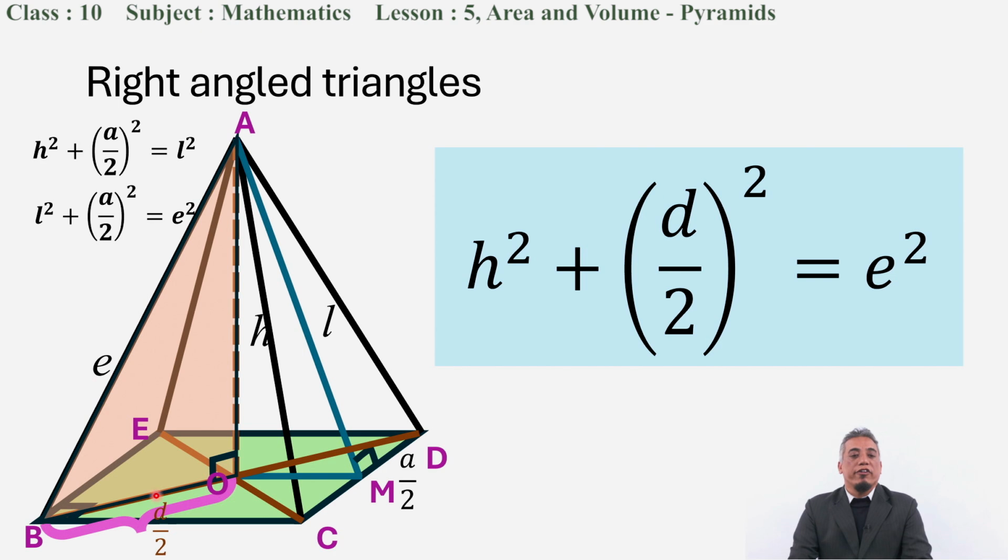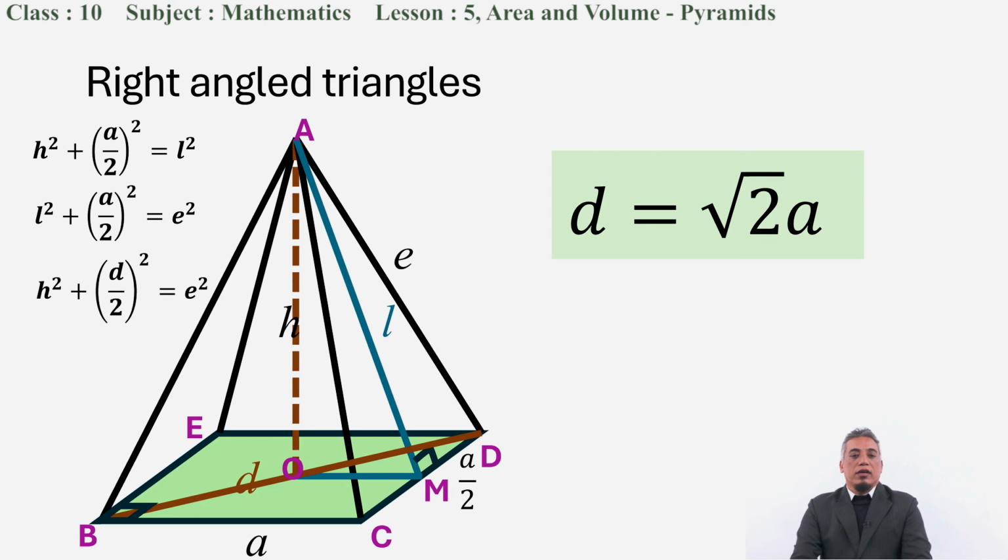So when we fit these all sides in Pythagorean relation, it becomes E square equals to D by 2 square plus H square. Or oppositely, E is hypotenuse here, H is perpendicular, base is D by 2. Okay, this is third triangle.